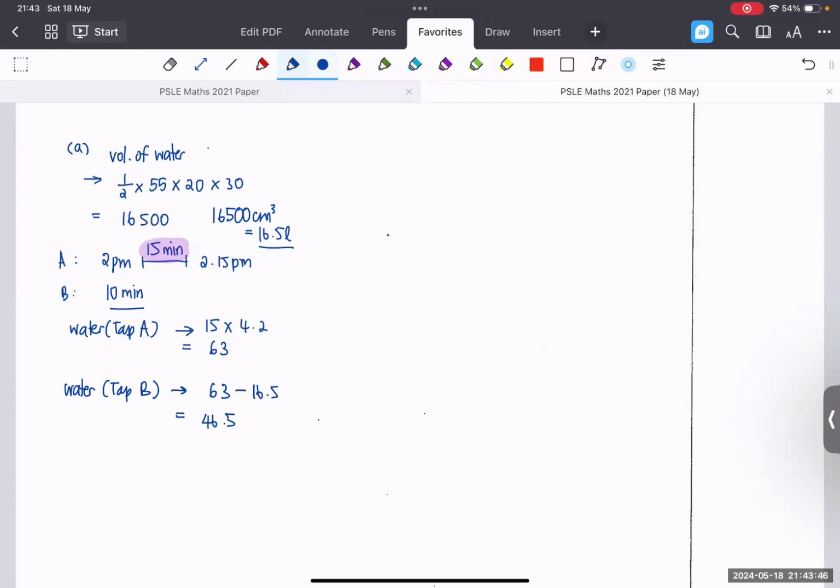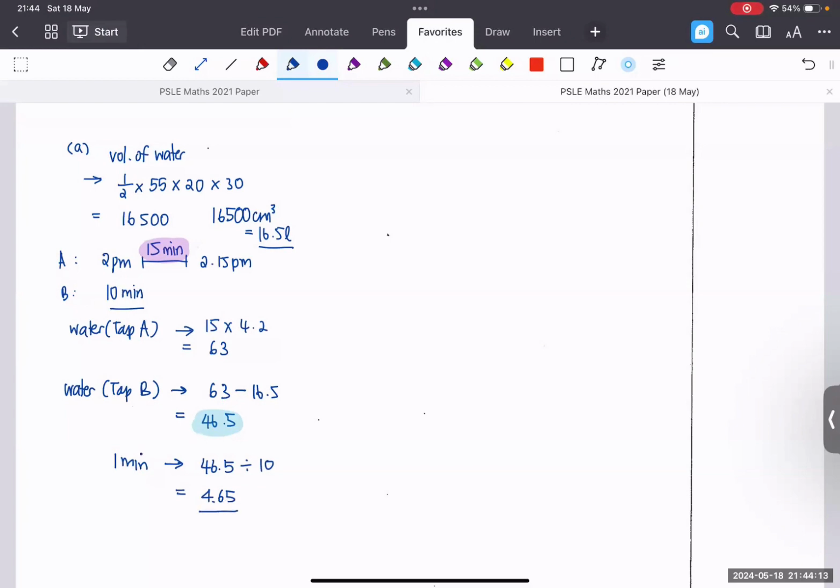Please type in the chat now. How many minutes did it remove this amount of water? 10. Good. So this is removing water at 10 minutes. So 1 minute will be 46.5 divided by 10. You get 4.65.